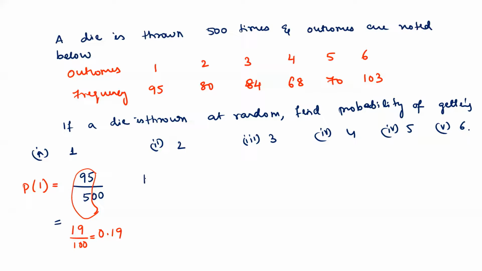Similarly, I want you to find the probability of getting 2, 3, 4, 5, and 6. Do this now. Are you all understanding this experiment, trials?